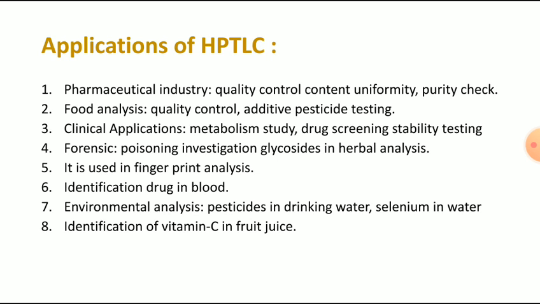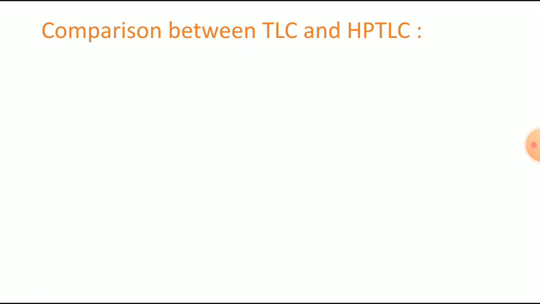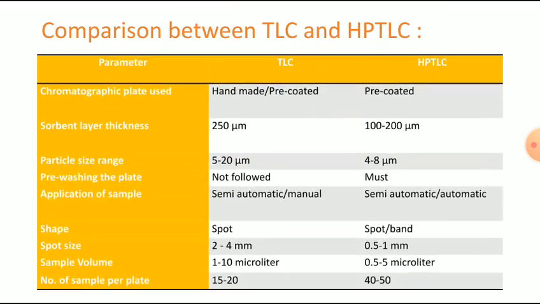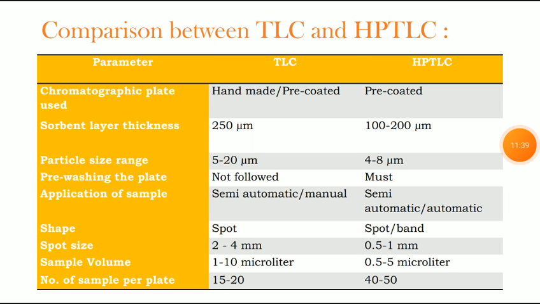Now we are going to see the last part of this HPTLC technique, that is the comparison of TLC and HPTLC. This is the table of the comparison between TLC and HPTLC. These are all the parameters.